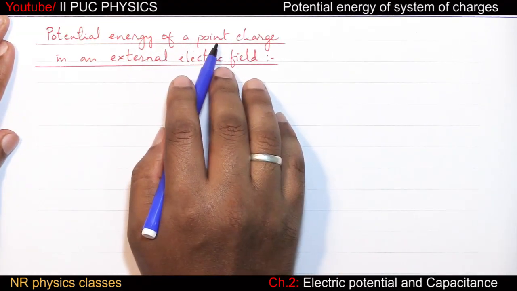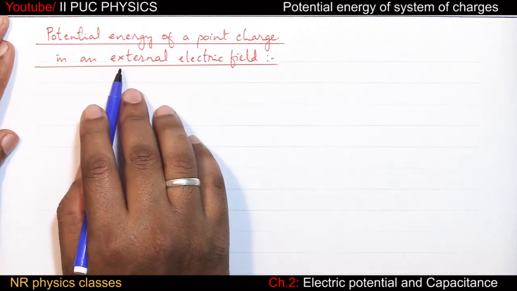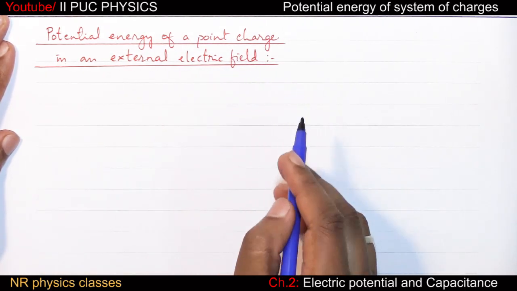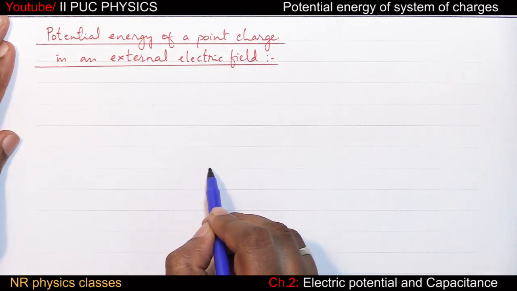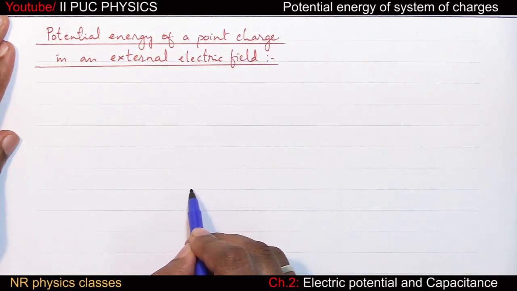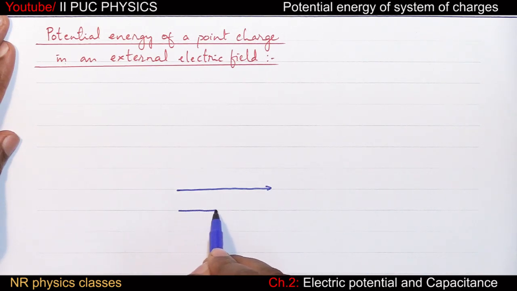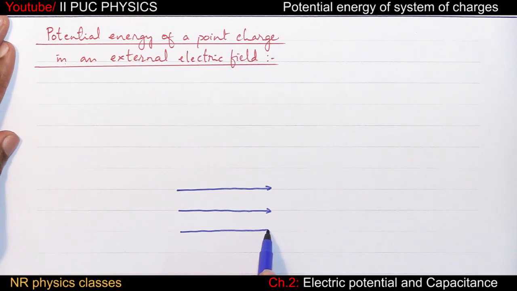Potential energy of a point charge in an external electric field. Let this be a uniform electric field. A uniform electric field is represented by equidistant parallel lines.